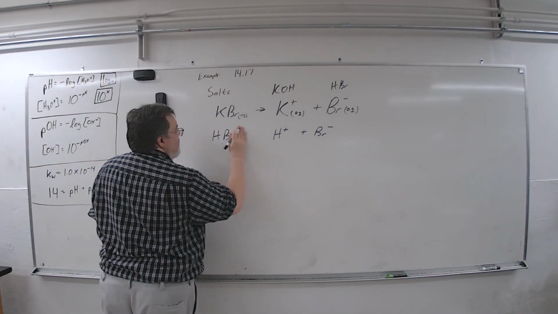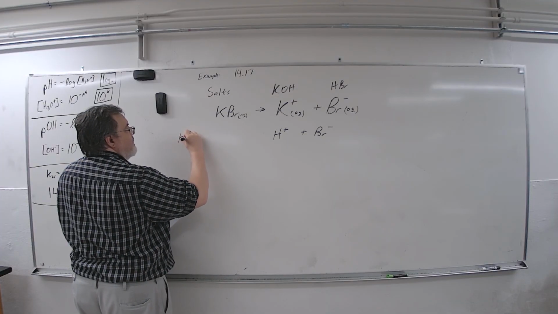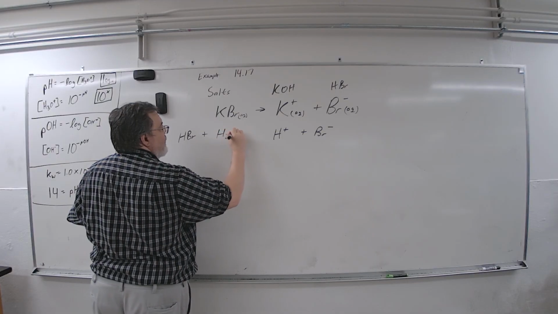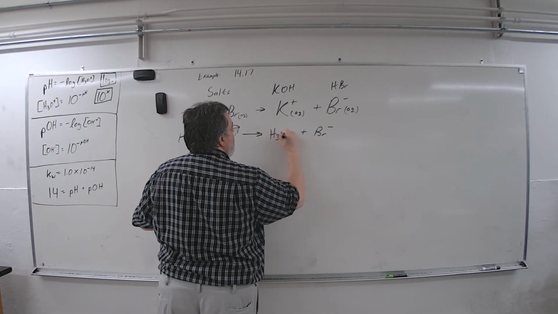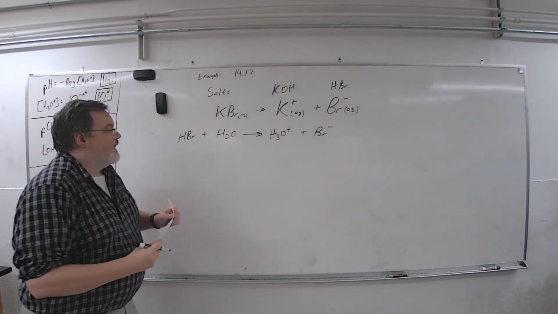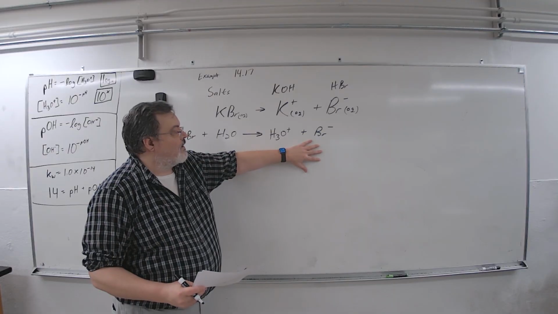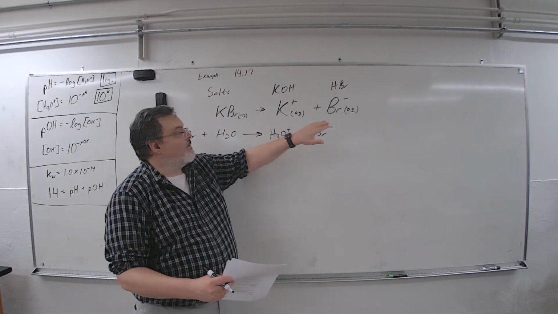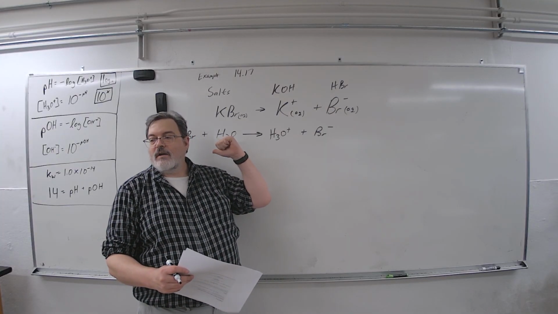Let me do that. HBr plus H2O makes H3O plus and Br minus. And because there's no equilibrium here, if you have this sitting in water, there's none of this. So if I put Br in water, there's no reaction with water that kicks it back this way.